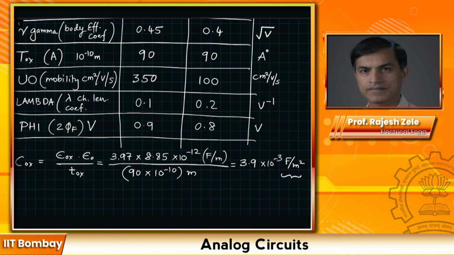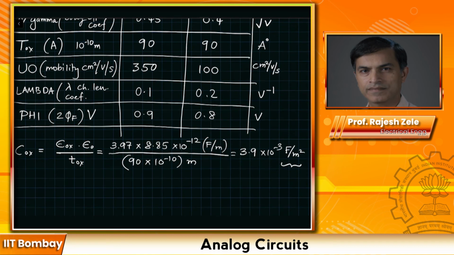So we like to convert it to the numbers that we use on a chip, right? For example, it's a lot more realistic to use micrometer and femtofarad, femto being 10 to the power minus 15.